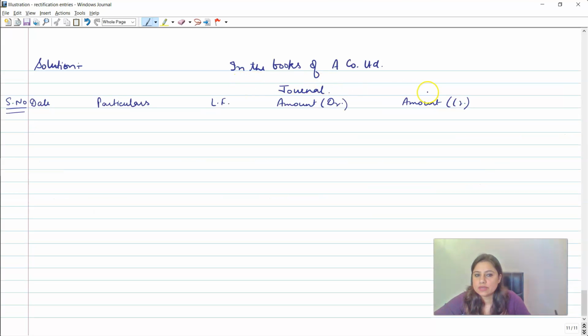Now, in the books of A Limited, we would be passing the journal entries, and the rectification entries in the journal would be passed in the next year. So the date would be 1st April 2013. Now the first entry is that the return outward book was undercast by ₹100.